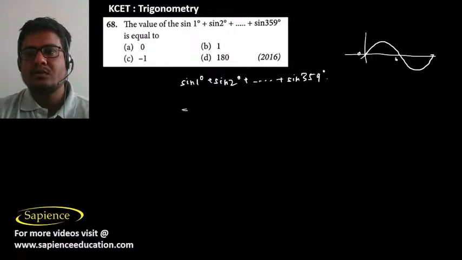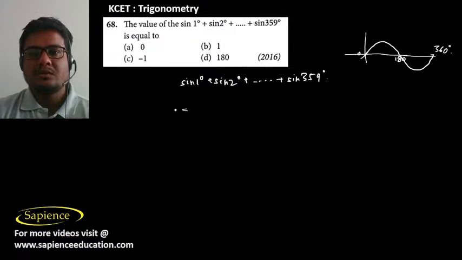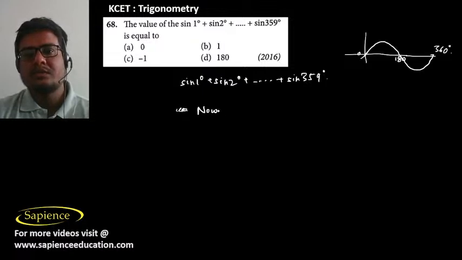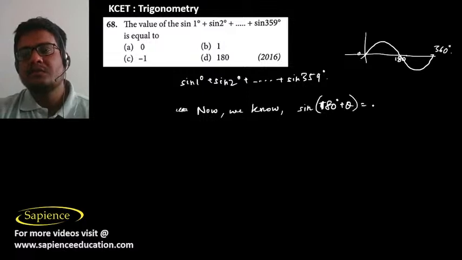So this is 0, this is 180 degree, this is 360 degree. So sine 180 degree will come here, that is 0, and 179. Now we know that sine pi plus theta, means sine 180 degree plus theta, is equal to minus sine theta.